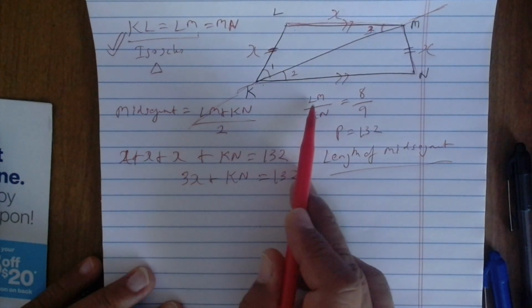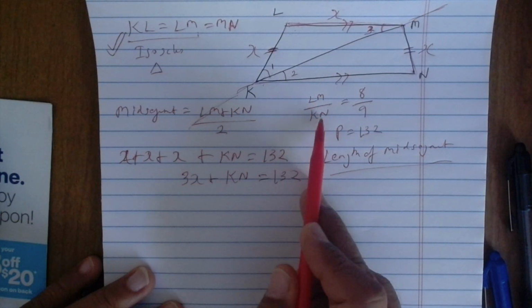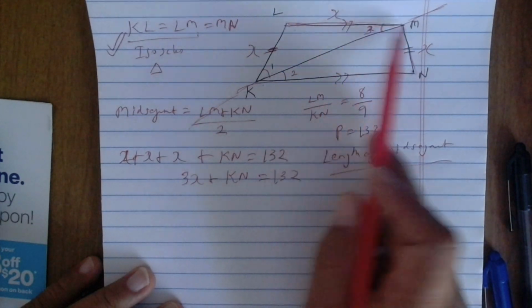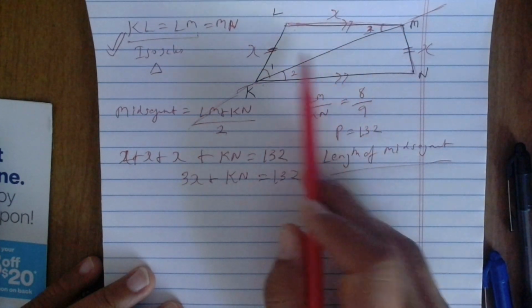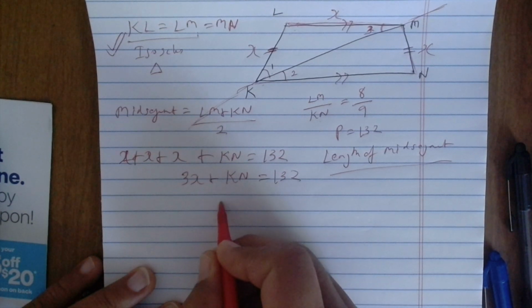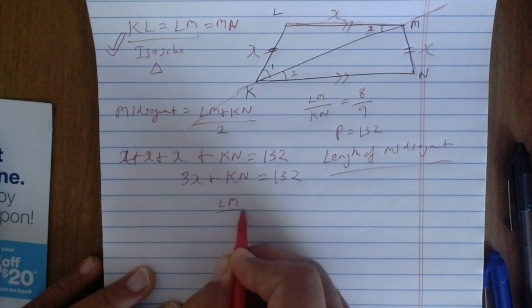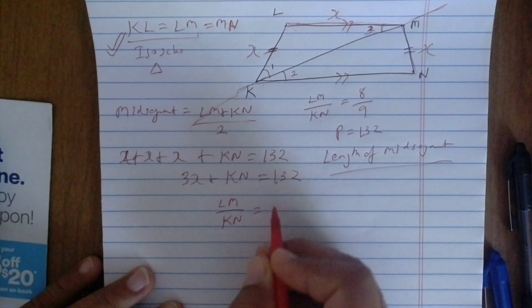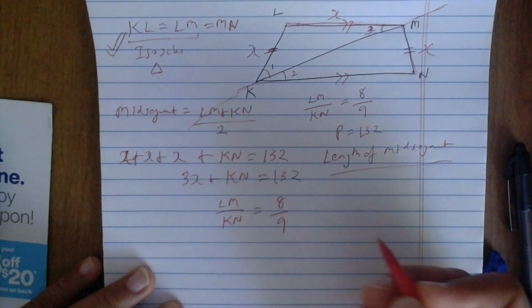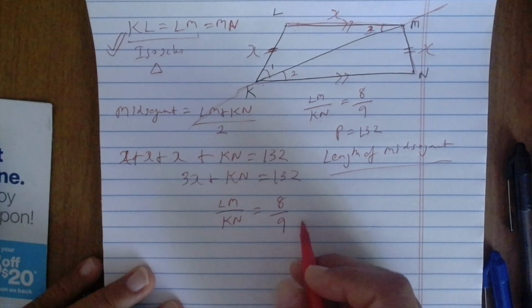Now there is one more thing which is given. LM divided by KN is 8 is to 9. So LM is to KN is 8 to 9.